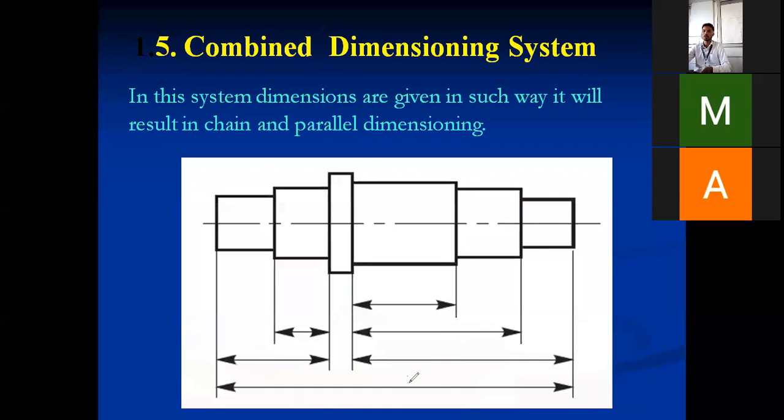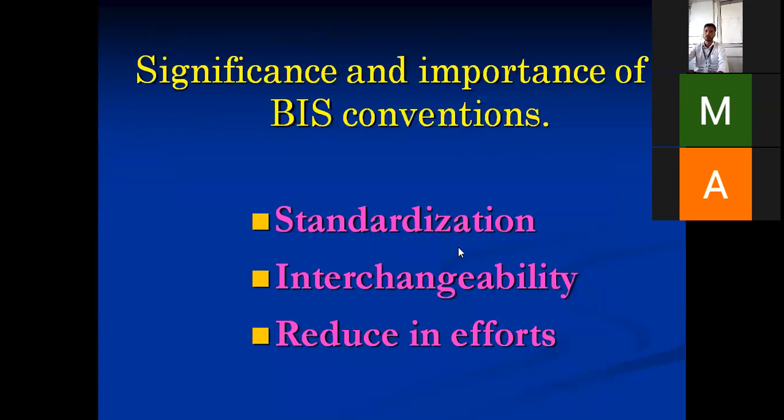For example, if the total is 100, and this is 60, and this is 30, then automatically what will the one in between be? It will become 10. If a dimension is not given directly, we should be able to get it. The dimensions are given in a combined way, so it is called a combined system. These are the types of dimensioning system that we have seen.